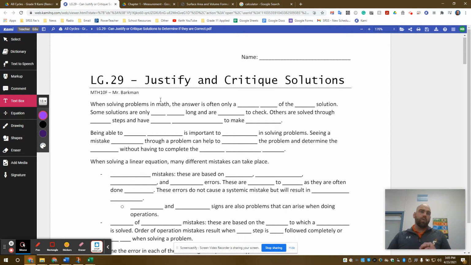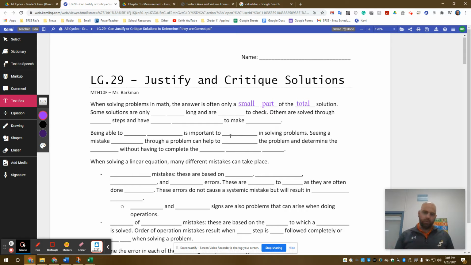So when we're solving problems in math, the answer is only a small part of the total solution, meaning that there is more to the solution than just the answer.